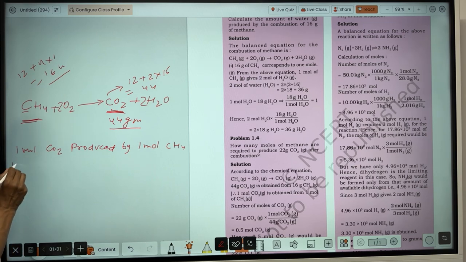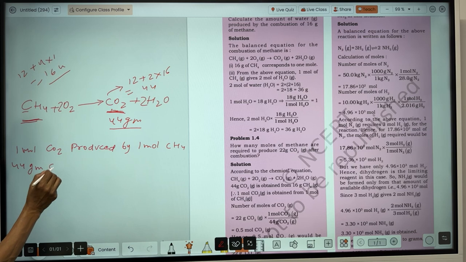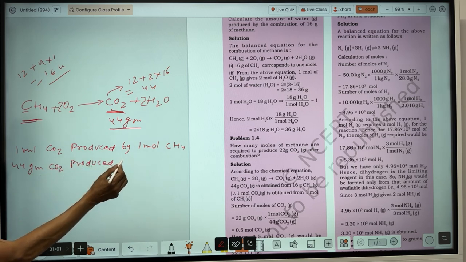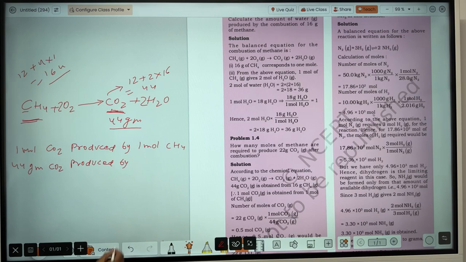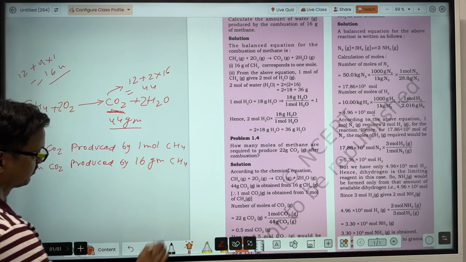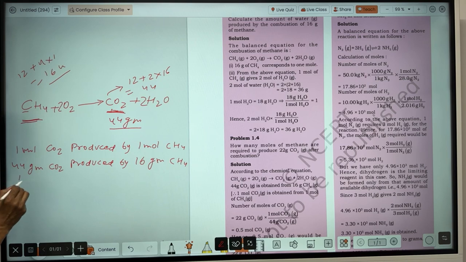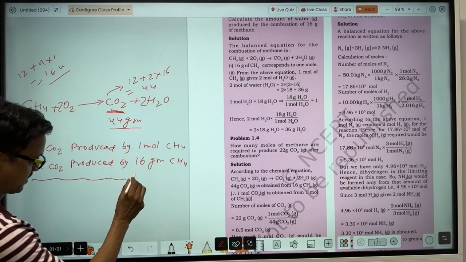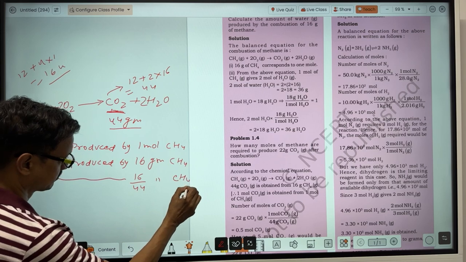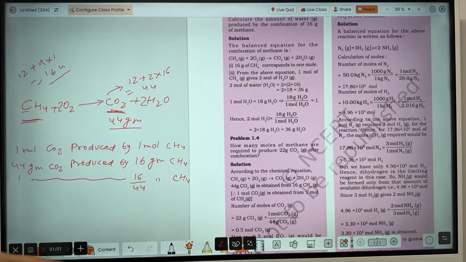So 44 gram CO2 is produced by 16 gram methane. So 1 gram CO2 will be produced by how much? 16 by 44 gram methane. And the question is asking 22 gram of CO2 you will have to produce.